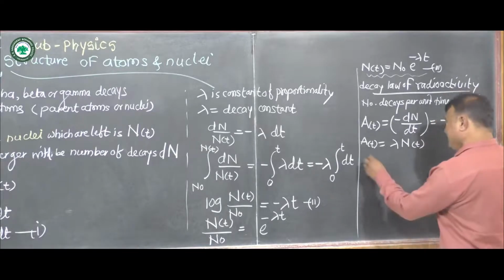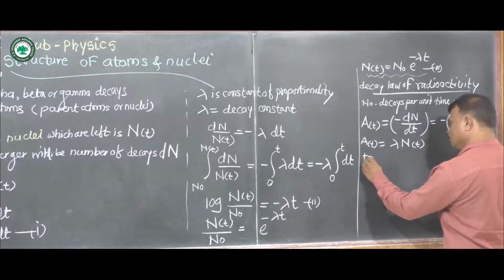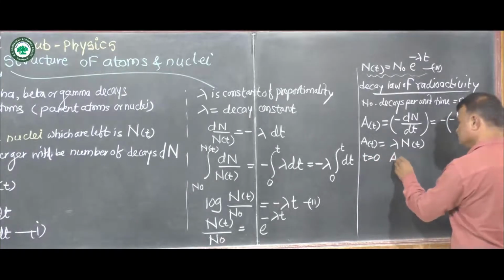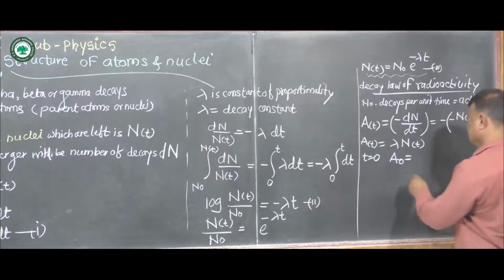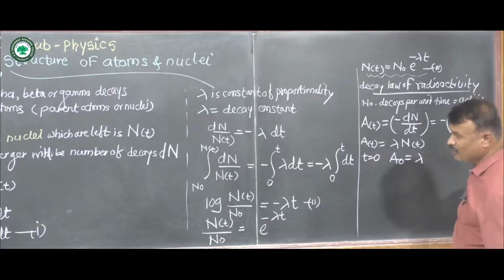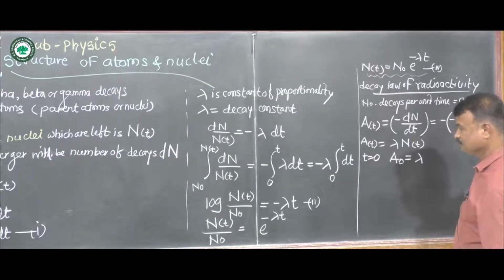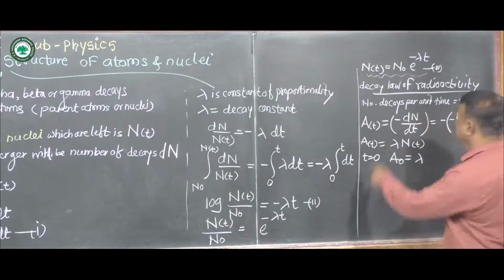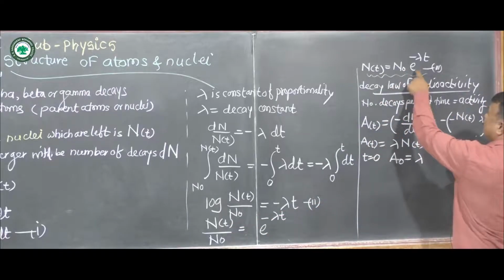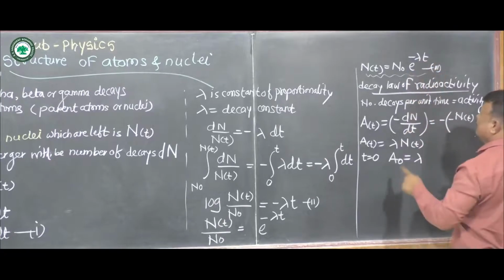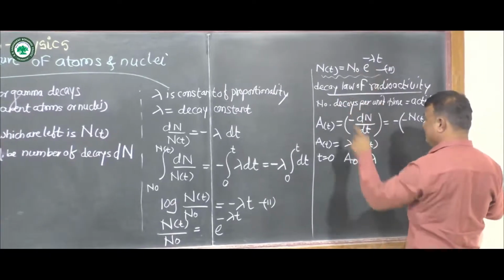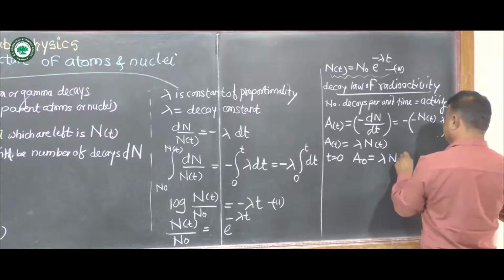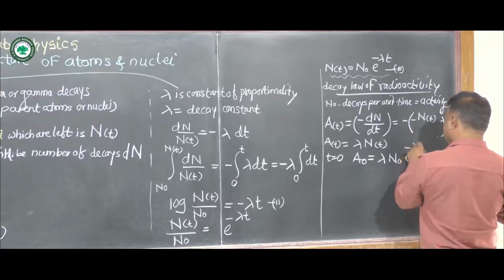Now at time t is equal to 0, this At will become A0, which is equal to lambda times the value of Nt. From this we get the value of Nt is equal to N0 into e raised to minus lambda into t. So we substitute this value of Nt, then we get N0 into e raised to minus lambda into t.